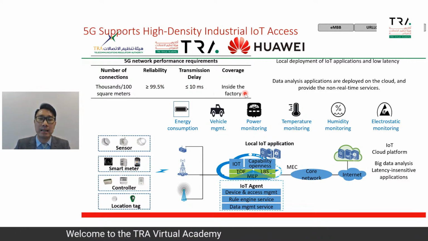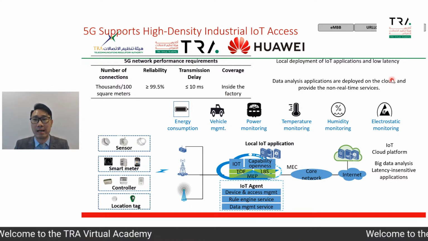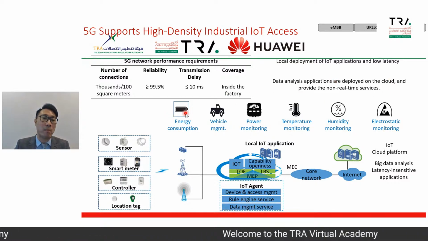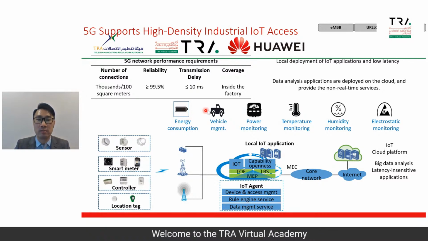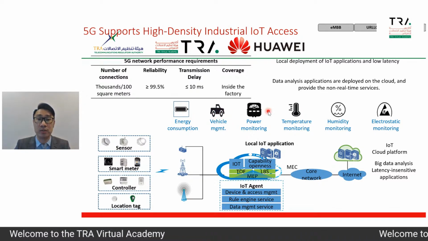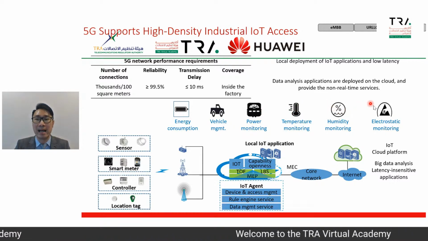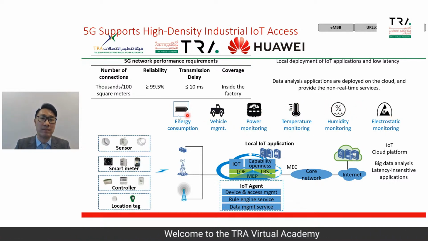After the sensors are connected through the MMTC connections, we can monitor the energy consumption, the vehicle status, the power, the temperature, the humidity and the electrostatic of the devices in the factory.